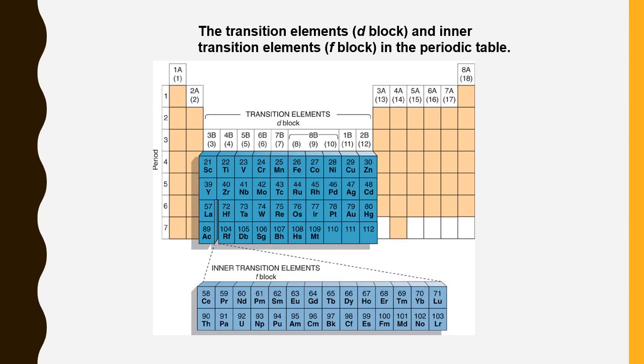Now we call the fourth period elements the 3D series. Why are they called the 3D series? Because the added electron enters the last 3D orbital, following the Aufbau principle.